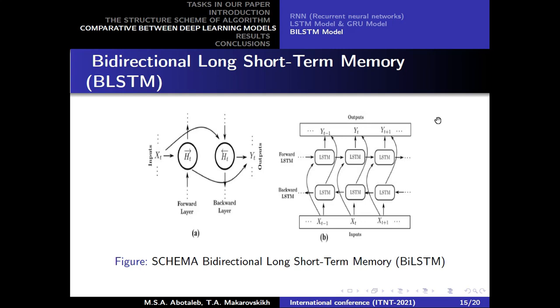Also, by combining two hidden states, information is allowed to come from the backward layer as well as from the forward layer. This figure is a schema of bidirectional LSTM. That's forward layer, backward layer, and here input and here output.